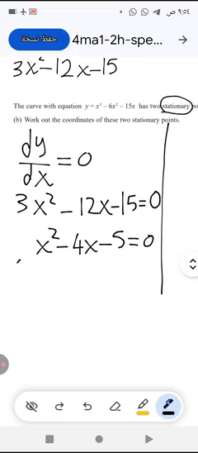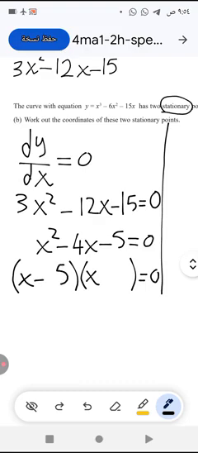You can solve this equation by using factorization and make two brackets. It's very easy, a quadratic equation. Two numbers: the multiplication of these numbers equals negative 5, and the addition of these numbers equals negative 4. That means your numbers are negative 5 and positive 1.